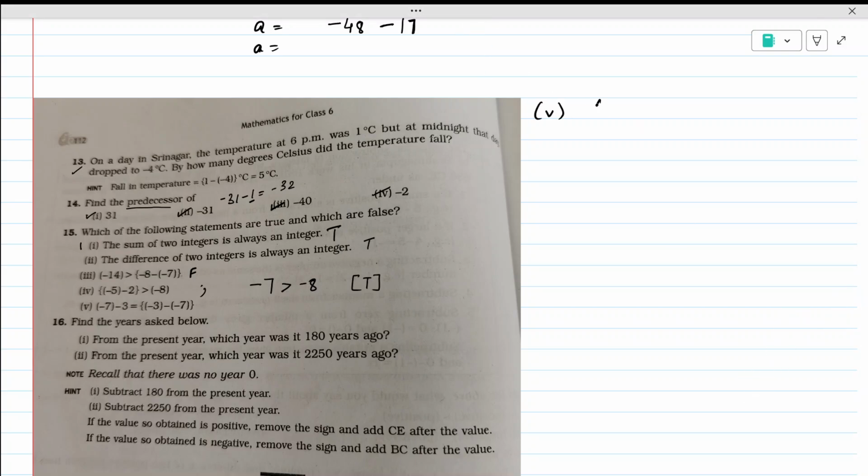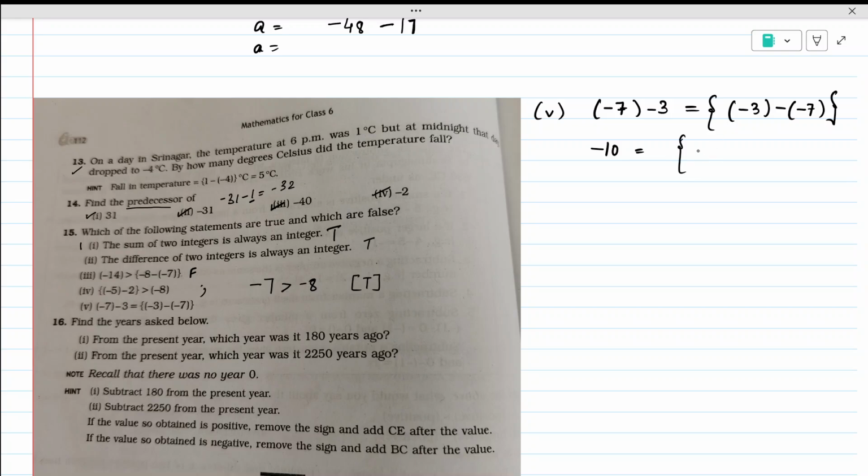The fifth part is minus 7 minus 3 is equal to the bigger bracket, smaller bracket is minus 3, then minus minus 7, and the bigger bracket is closed. So let's do this. Minus 7 minus 3 will give us minus 10. See, there is no expression here, right?